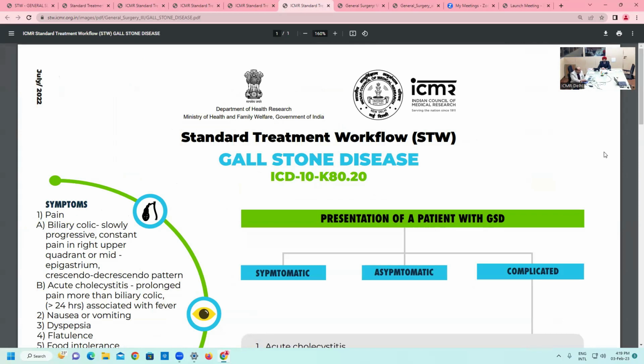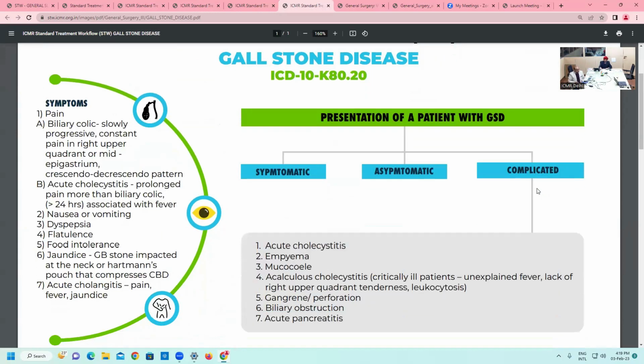So pain would be slowly progressive, constant pain in the right upper quadrant or the epigastrium. But if this pain is for more than 24 hours and it is associated with other symptoms of inflammation like fever or nausea, vomiting, dyspepsia, then we think of the chronic or the acute cholecystitis.